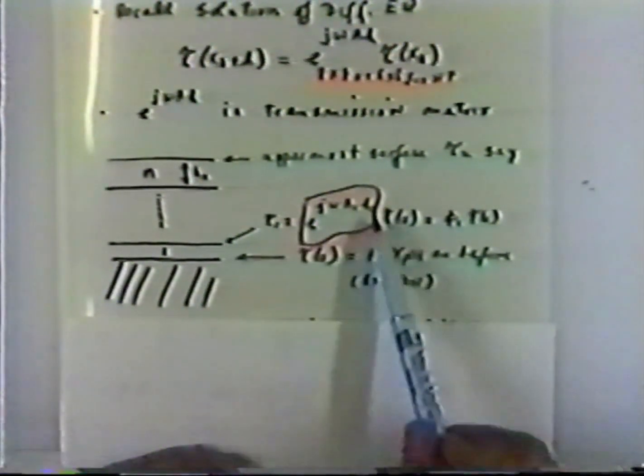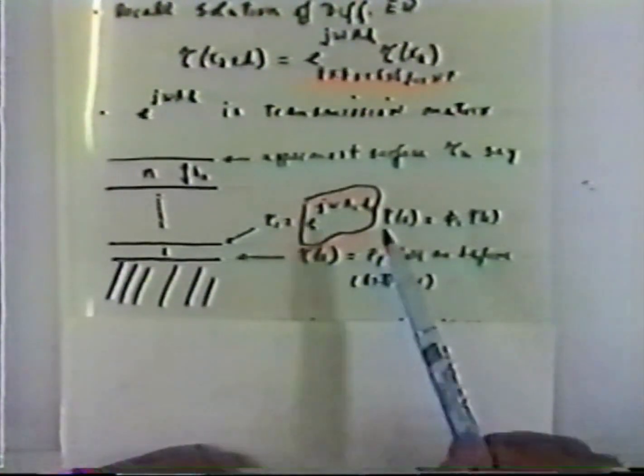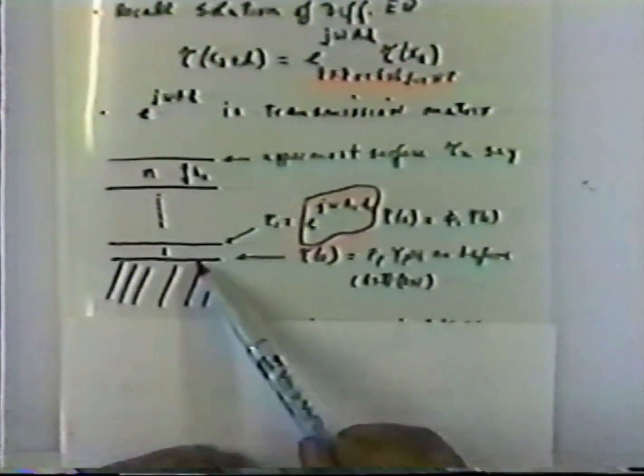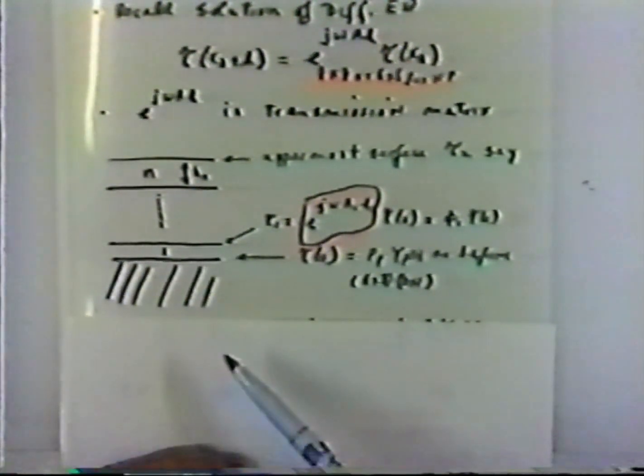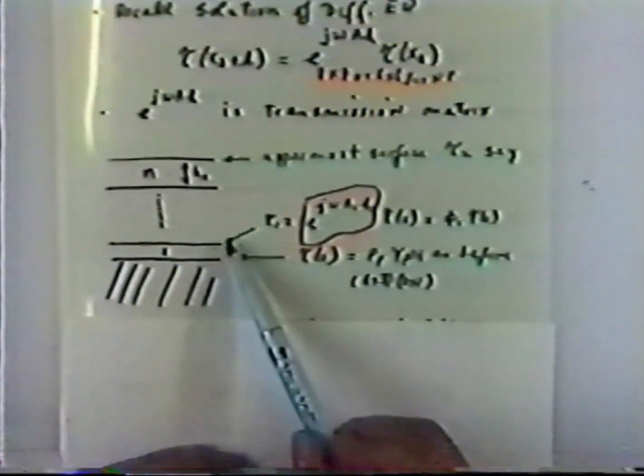So the vector at this lower interface multiplied by this transmission matrix, where A1 is the A matrix for material number 1, and H1 is the thickness of material number 1, will map the value from here to there.